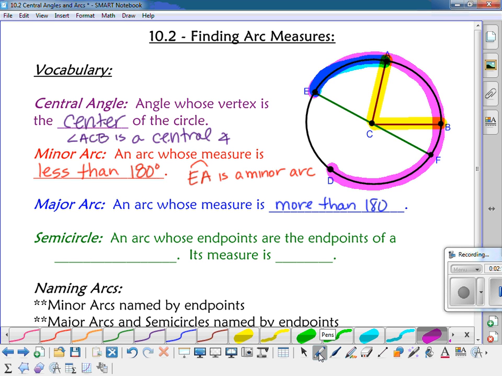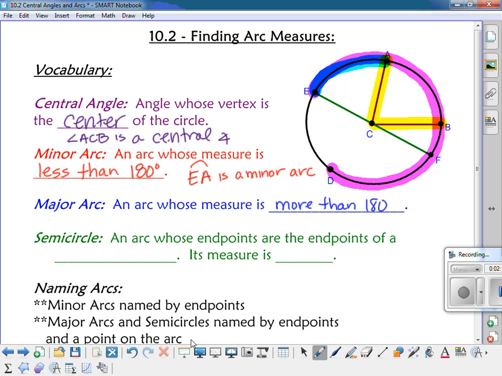And when it's a major arc, I actually have to use 3 letters to name it. So that would be arc EAD. And again, I put an arc over it. So you have the endpoints, and then you just have one of the middle points between it. So that same arc I could call EBD if I wanted to. Or if I wanted to call it EFD, I could call it that too. Those are all the same thing, okay?